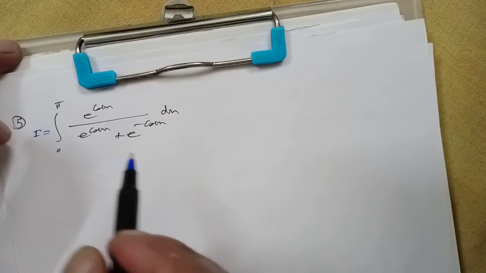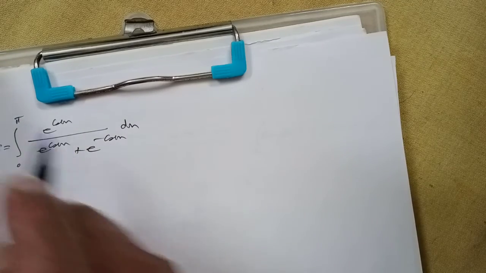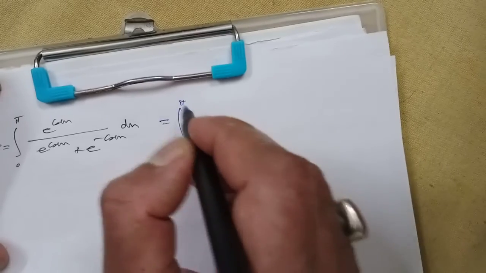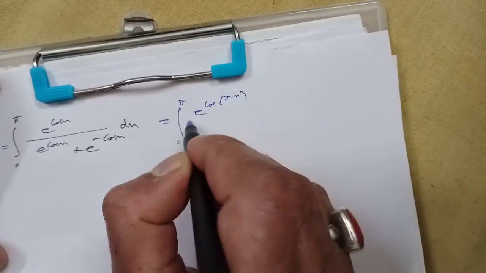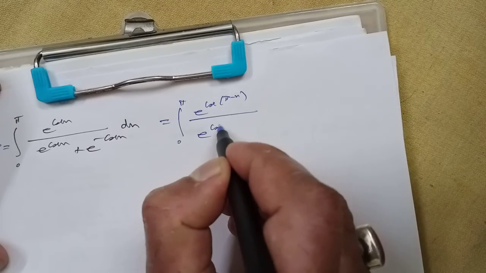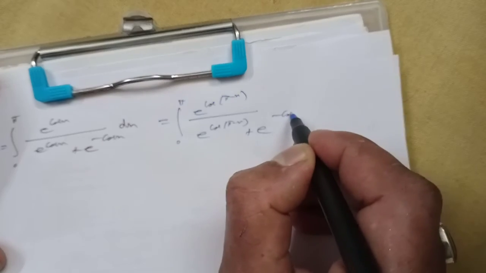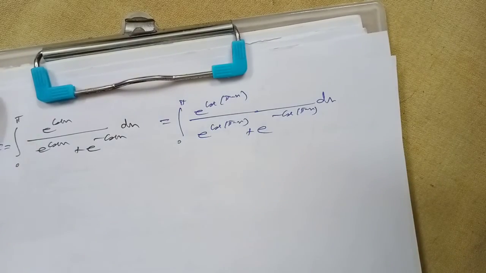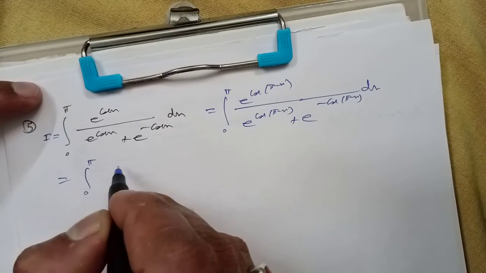If we apply the fourth property, then we have to replace x by pi minus x here, because here a is pi. So applying the fourth property, I am writing integration 0 to pi of e to the power cos of (pi minus x) divided by (e to the power cos of (pi minus x) plus e to the power minus cos of (pi minus x)) dx.